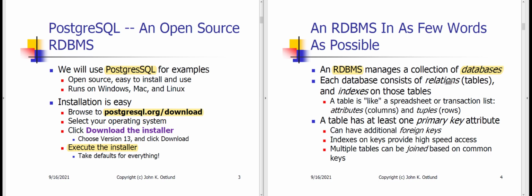A database, in turn, consists of a number of so-called relations, which we ordinarily just think of as tables. And each of those relations has some index that we can use to identify the unique values within the tables.